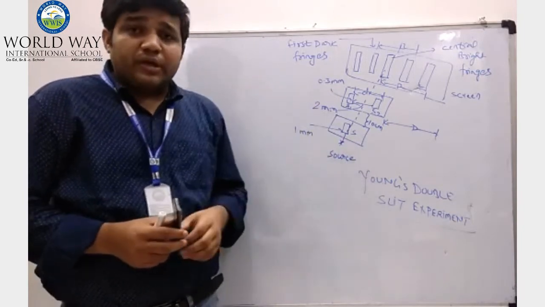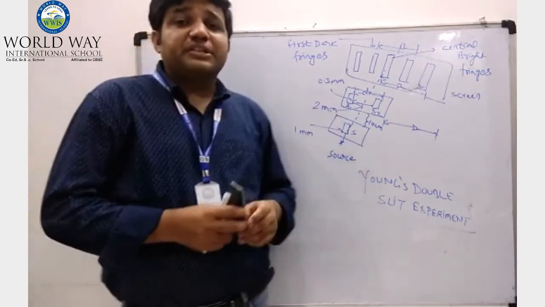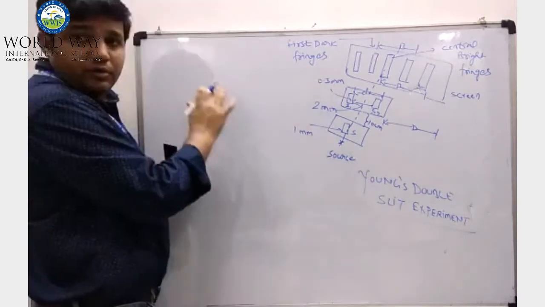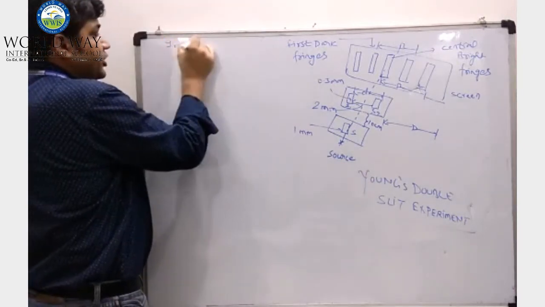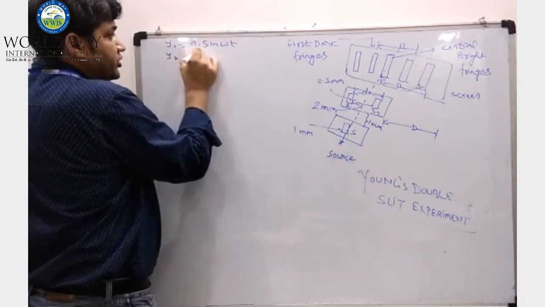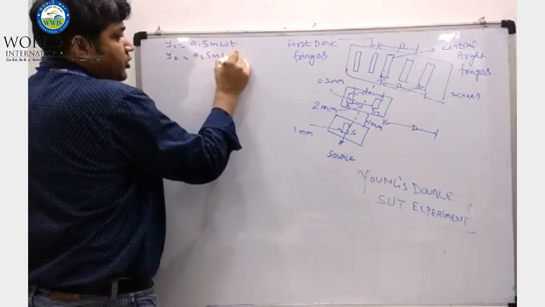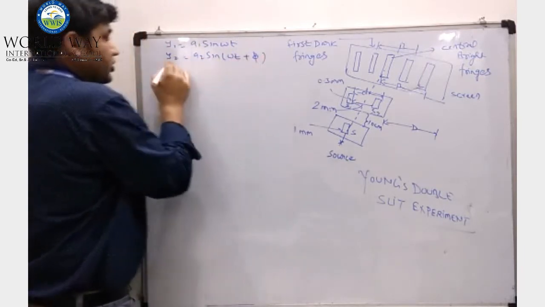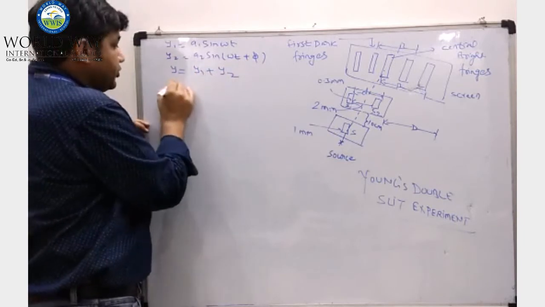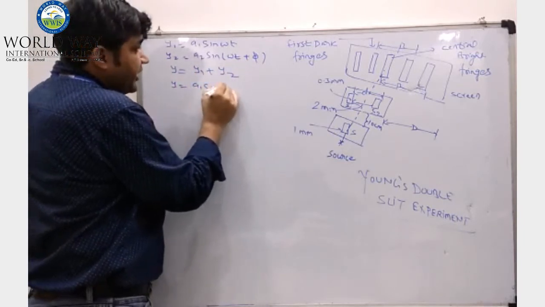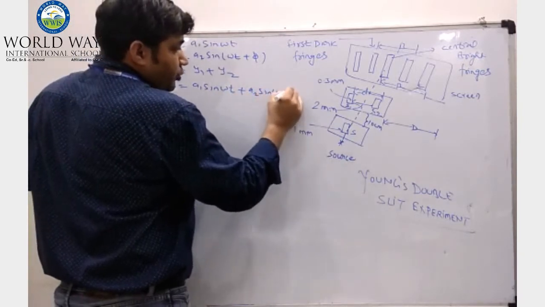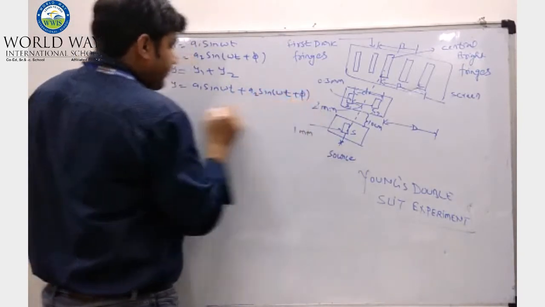From the derivation point of view, we also have to discuss how to prove Young's double slit experiment. So y1 equals a1 sin omega t, y2 equals a2 sin (omega t plus phi). On the basis of the superposition principle, y equals y1 plus y2, then y equals a1 sin omega t plus a2 sin (omega t plus phi).